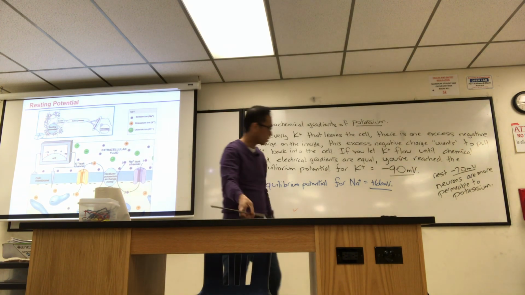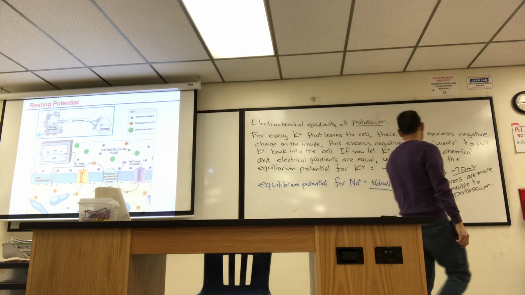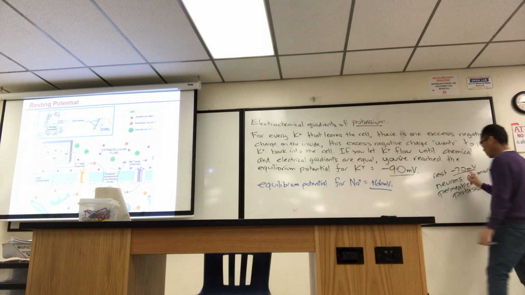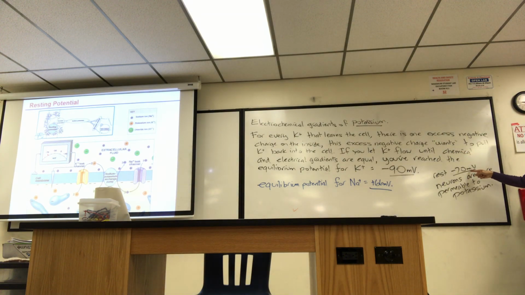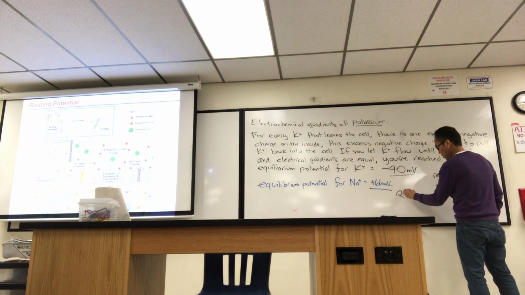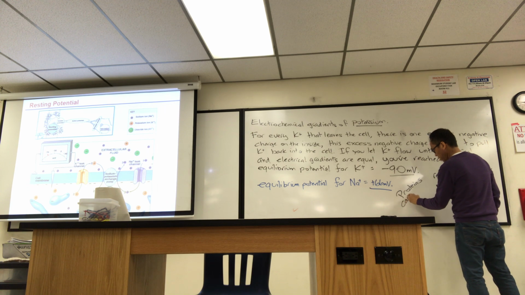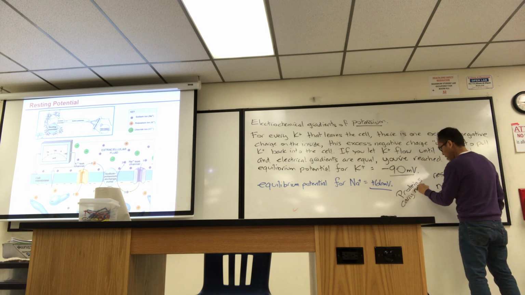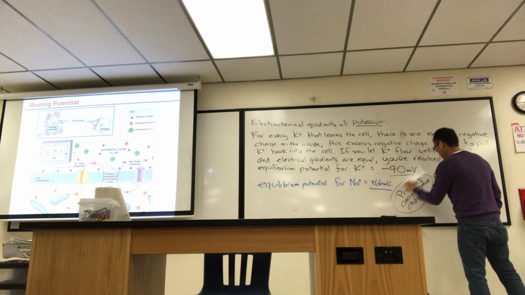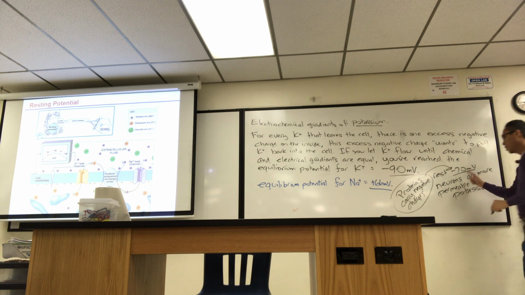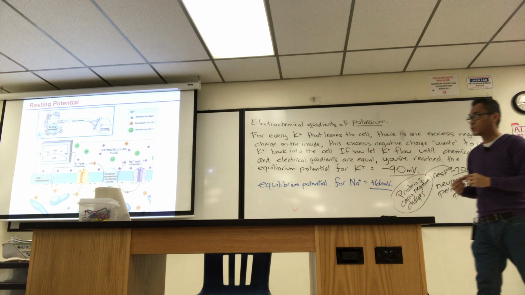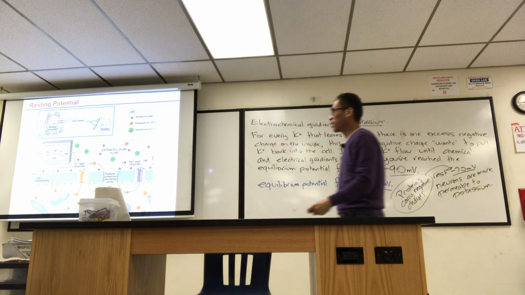You see that everywhere. The pump, sure, but yes, proteins contribute to that negative 70. Proteins carry negative charges, so I'll just make the connection. That helps contribute to the negative resting membrane potential of negative 70.